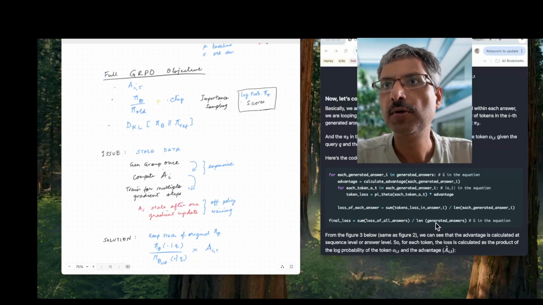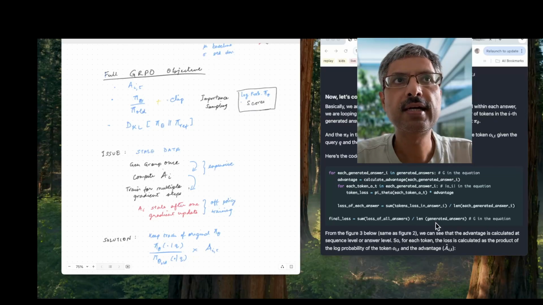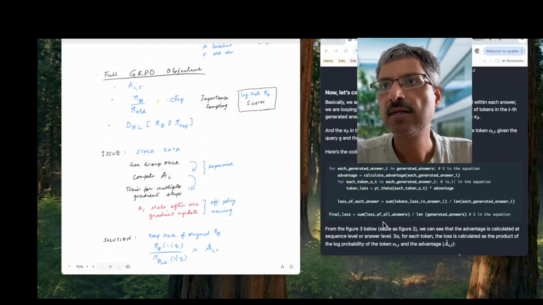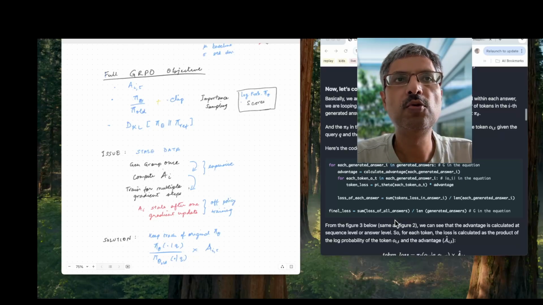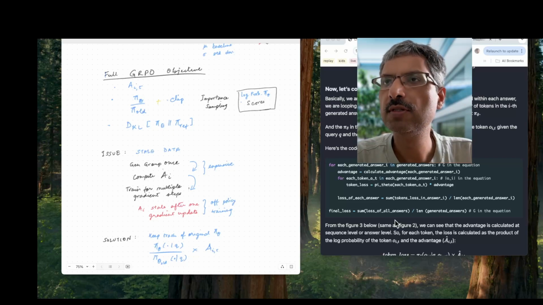of GRPO, and to understand why we need importance sampling, this is where the problem is. Essentially, when we compute these gradients over the loss over multiple iterations, it goes off policy. So the new weights after updating are different from the ones that were used to generate the original reward.